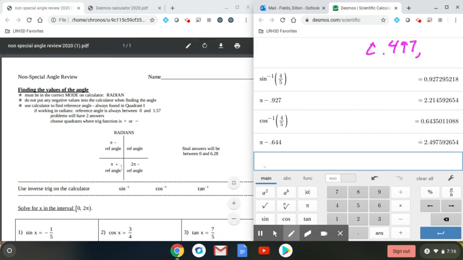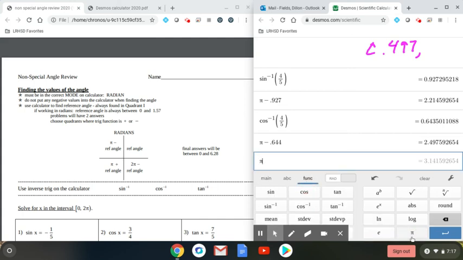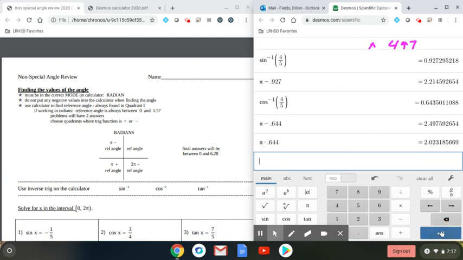Now, when we go through and we find that angle measure in quadrant 3, we have to do the same thing. We just have to add our reference angle onto pi. All right, so if we go back to pi in our functions tab, go back to main, and we add our reference angle of 0.644. All right, that gives us, oh, I'm sorry, I hit multiplication. Let me go back and do that again.